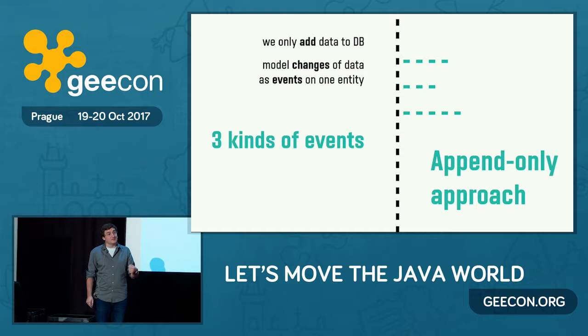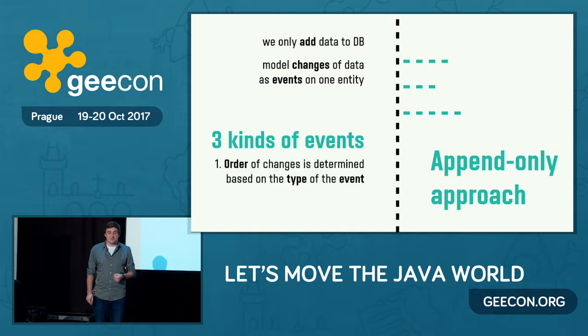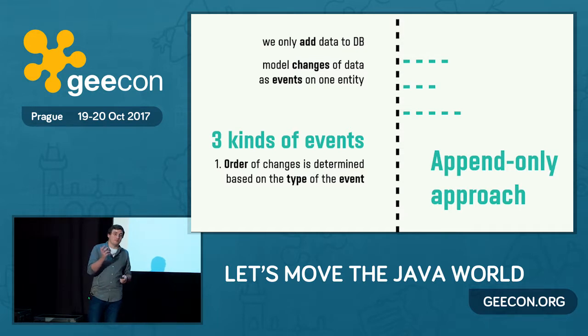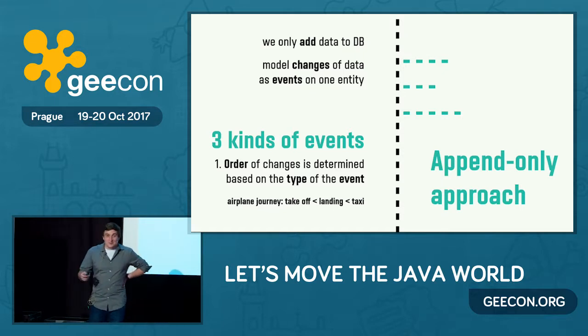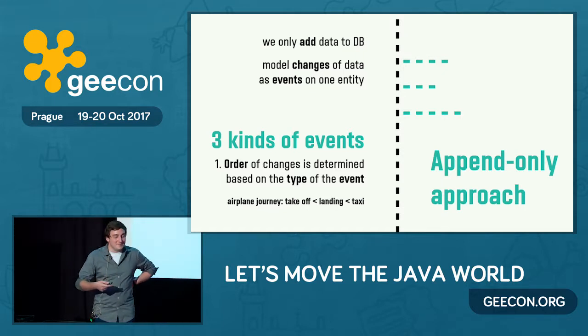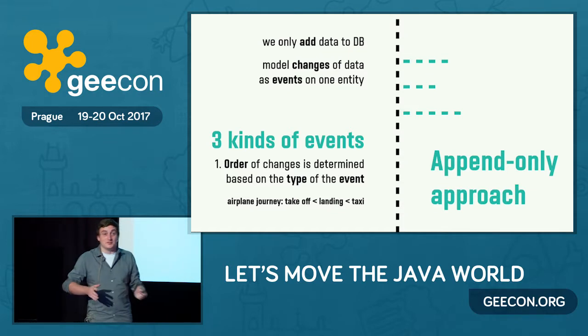And we have 3 kinds of events in our system, where the first one is where the order of the event is determined based on the type of the event. What does it mean? I'm really terrible at thinking about examples. One of the examples I came to is an airplane journey.